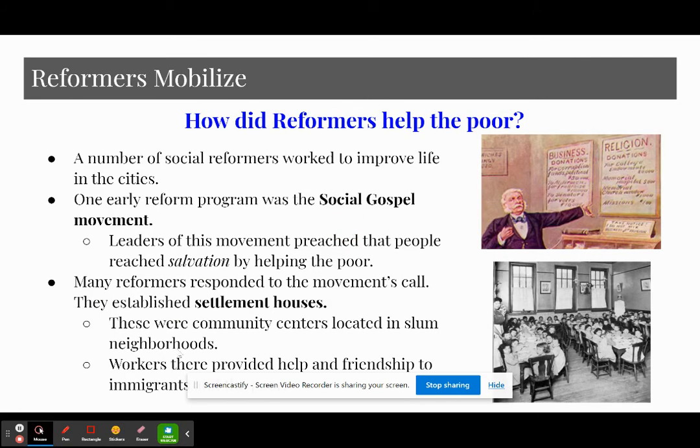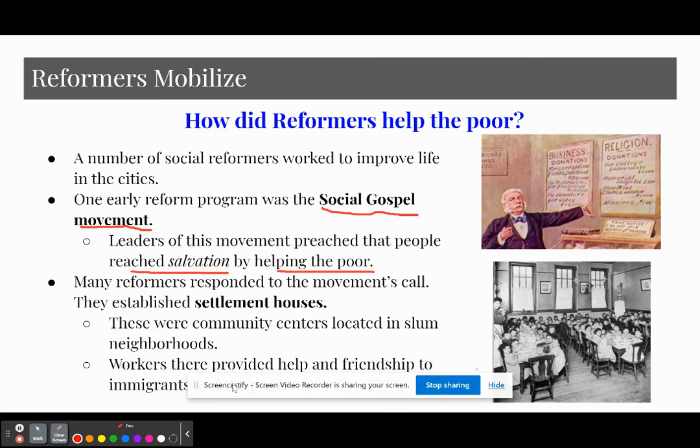And lastly, we're going to talk about the poor. The poor were a problem of the city, but there were a number of social reformers working to improve life in the cities. And one early reform program is the social gospel movement. In this movement, which is a Christian movement, the leaders preached that people reach salvation by helping the poor.